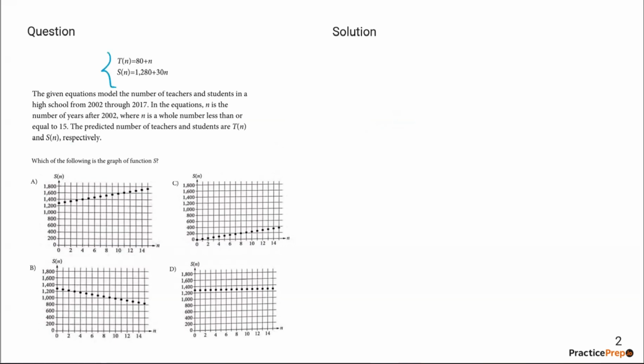We see here 2 lines, and there are scenarios. But all we need is to find which of the following is the graph of function s. As you can see, s is a linear equation, with s being the vertical variable and n being the horizontal variable.